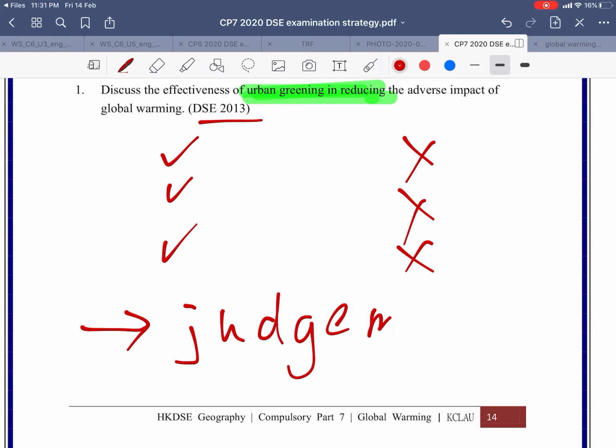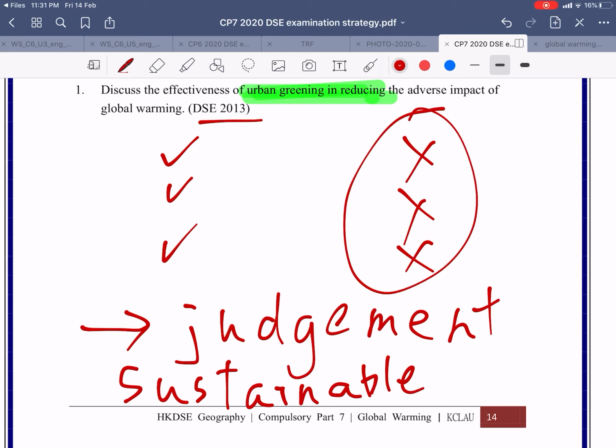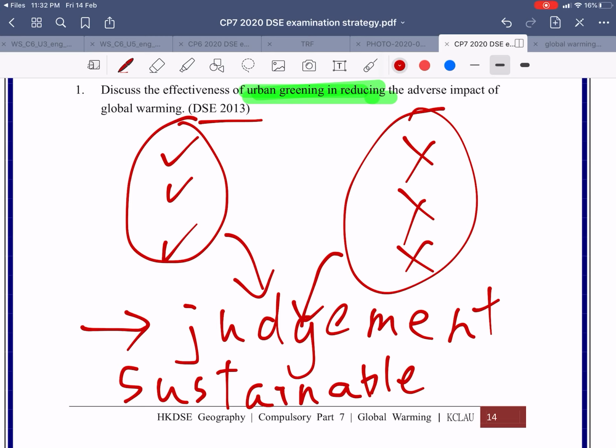Some students may ask, Mr. Leung, how can we make a judgment? Most of the time, you can tell whether it is sustainable. Although there should be something no good and something good, just think about which one is the most sustainable.